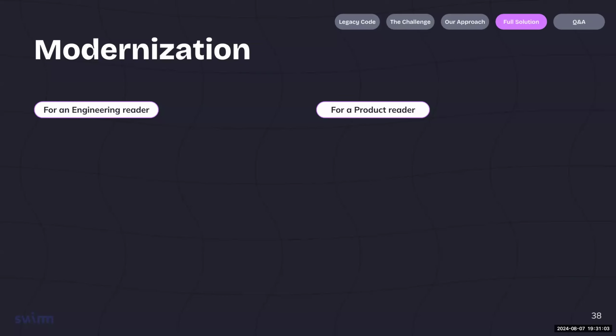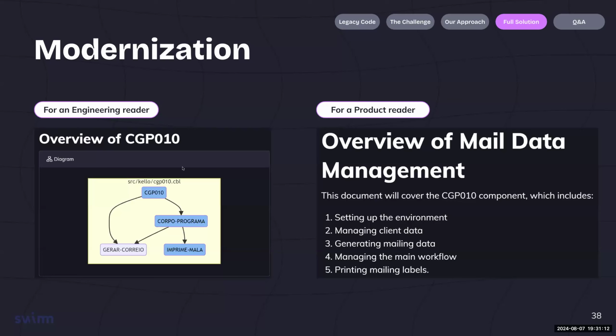So they need to decide what flows are going to be modernized and how it affects the product. The engineer has access to the source of truth, and the product manager needs to talk with the engineers and understand what needs to be done or which flows we are going to translate.